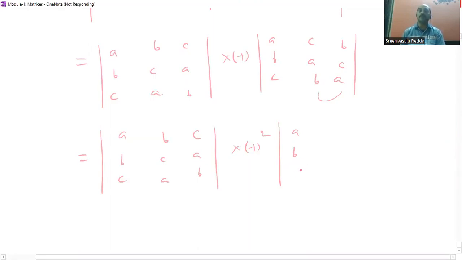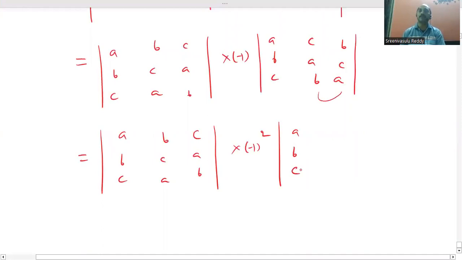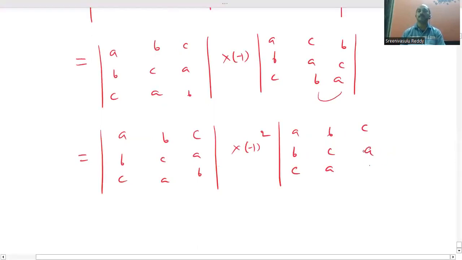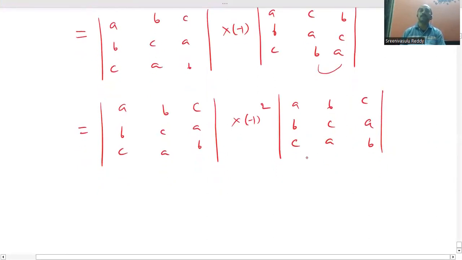Here we have two tasks. First task is to show that it is a square of a determinant. Second task is evaluate the determinant value. Now you observe that these two det values are same. Minus 1 whole square means plus 1. A into A means A square.